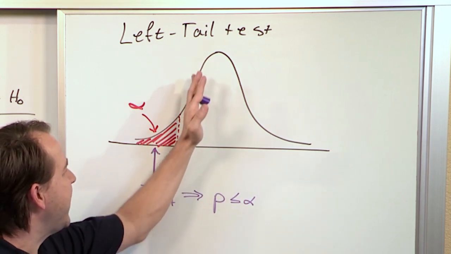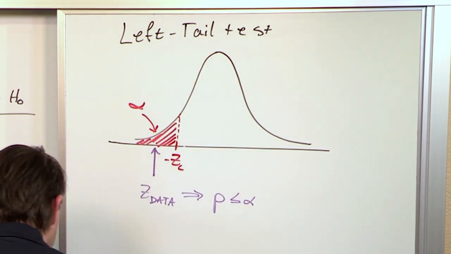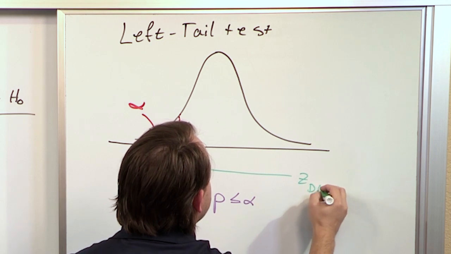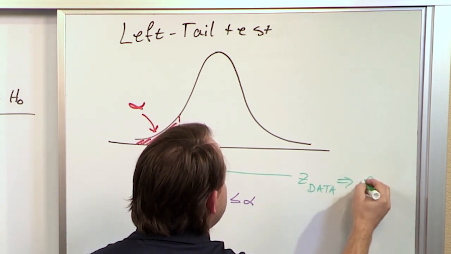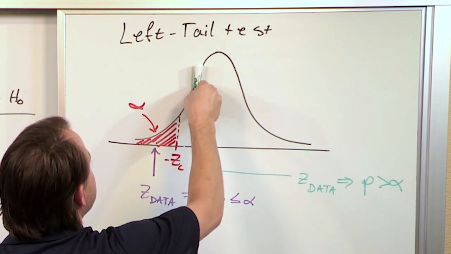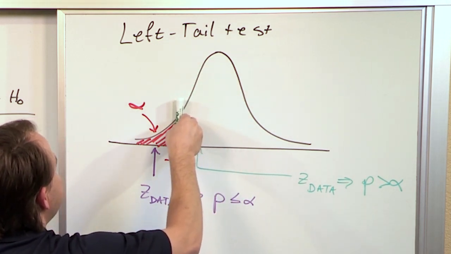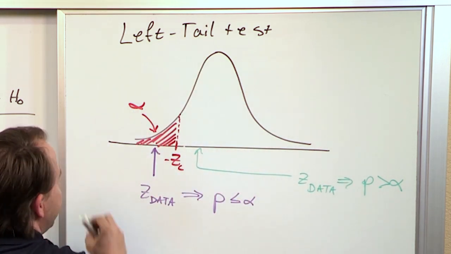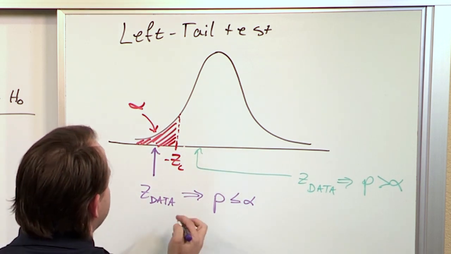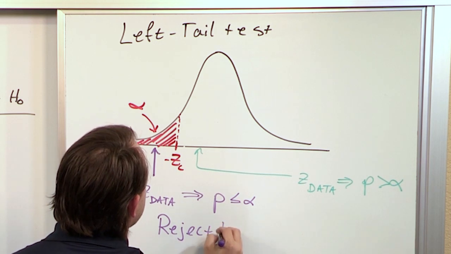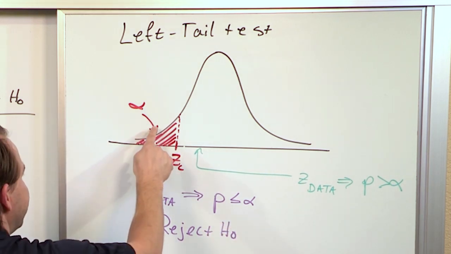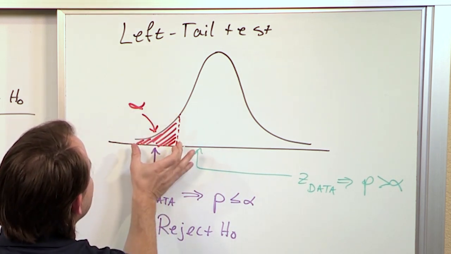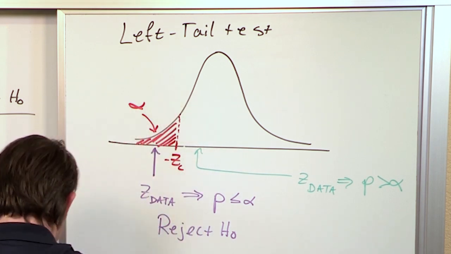Because if your test statistic was over here instead, then p would be greater than alpha, because in that case, the p-value would be a dotted line up here and all the values more extreme than that. The area would be greater for that p-value. So in this case, everything lines up again. We reject the null hypothesis because the test statistic falls in this region, but also in terms of areas, the p-value, the area here, is less than the level of significance.